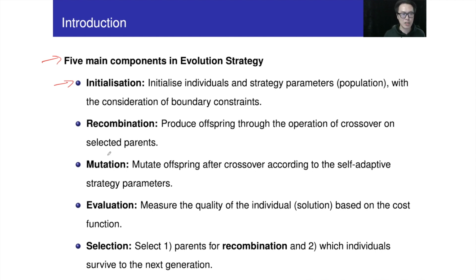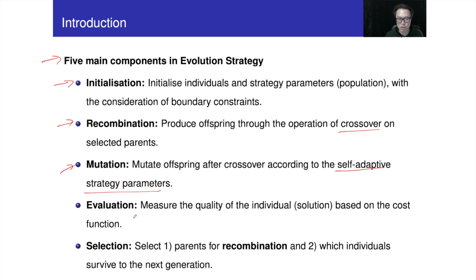And the next one, that is recombination, where we will have a number of crossover operations which involve the strategy parameters. And then mutation, where we will have some self-adaptive strategy parameters to show you how it works, and then to generate the offspring after the crossover.